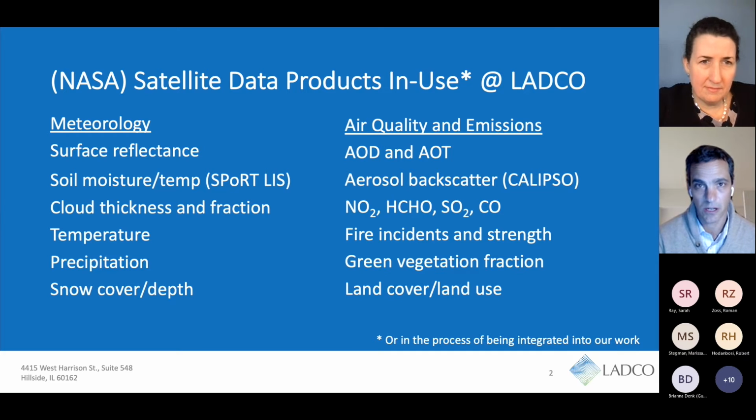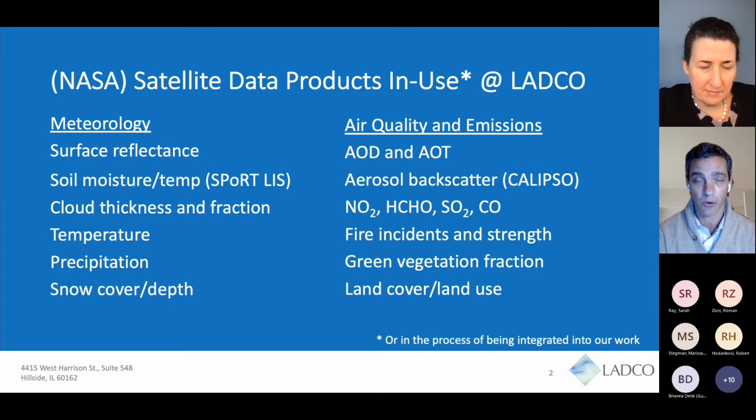So we assimilate satellite retrieved data into the model to improve the model solutions. And these are some of the products that we're using. Data on soil temperature and moisture, surface reflectance, clouds, temperature, precipitation. We're using something called FDDA, four-dimensional data assimilation, to nudge the model solution towards the observations.